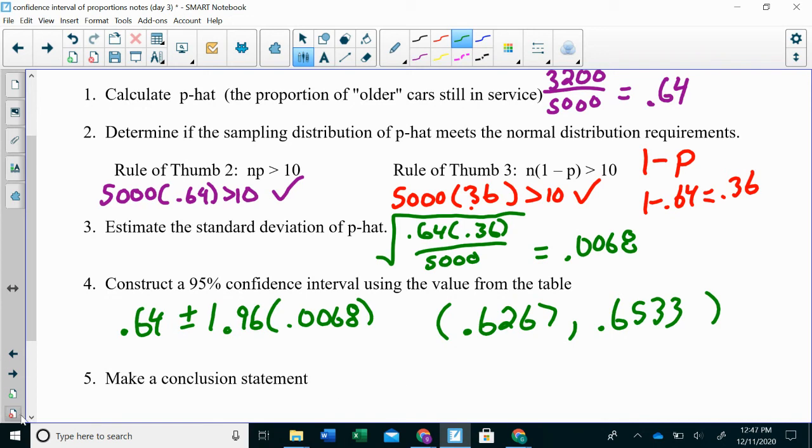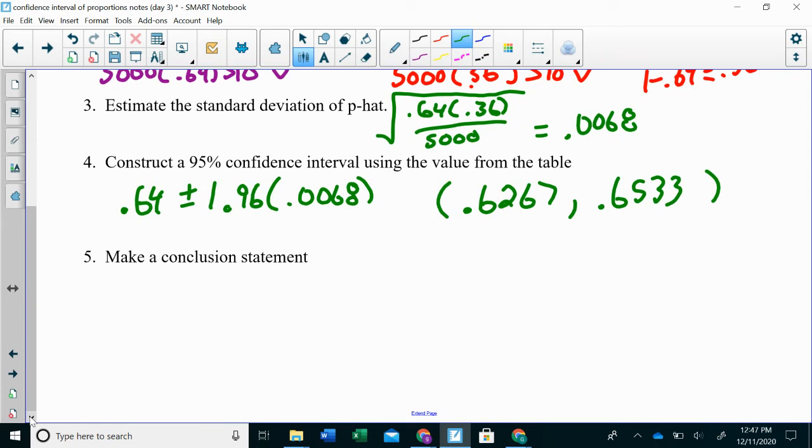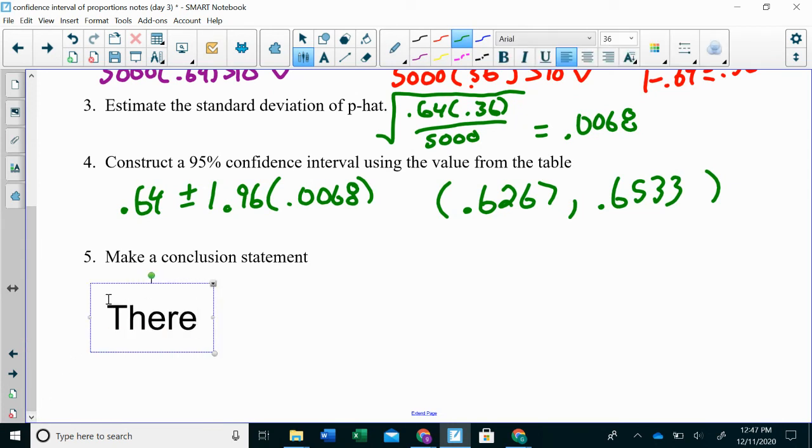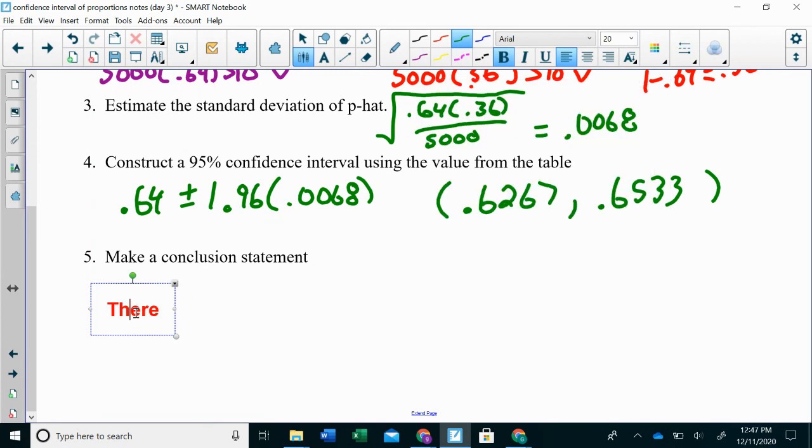Now we can make our conclusion statement about this 95% confidence interval. I'm going to go ahead and make it smaller so that it's not quite so big as I type it out. Go ahead and make it red just because I can. I don't want to use a line color. All right.